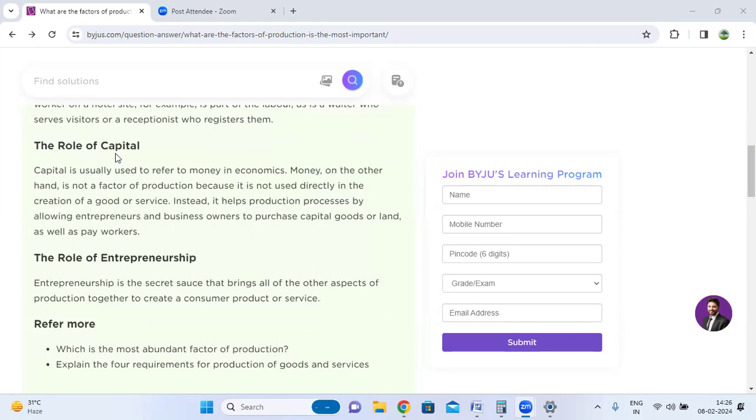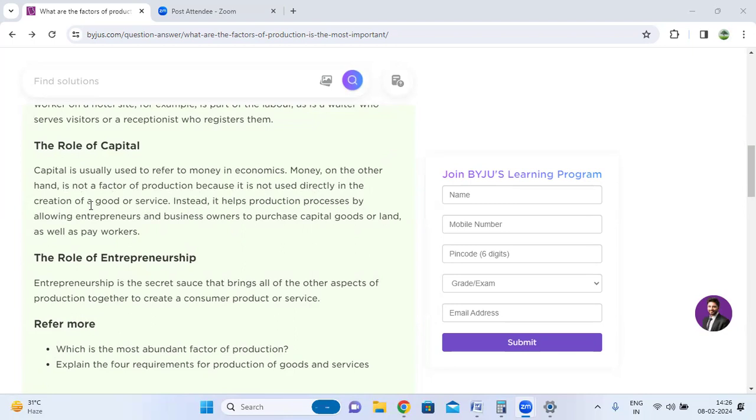Next one, the role of capital. Capital is usually used to refer to money in economics. On the other hand, it is not a factor of production because it is not used directly in the creation of goods and services.